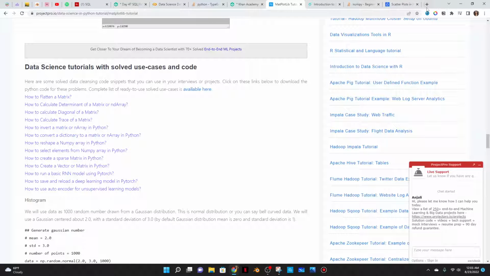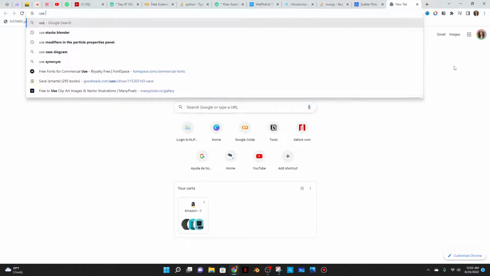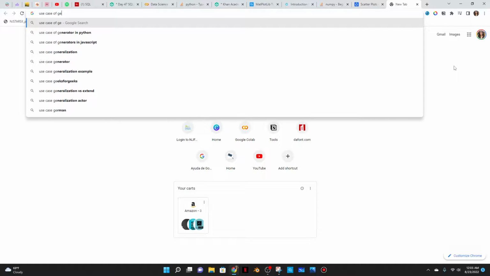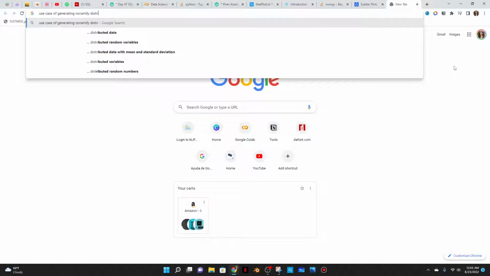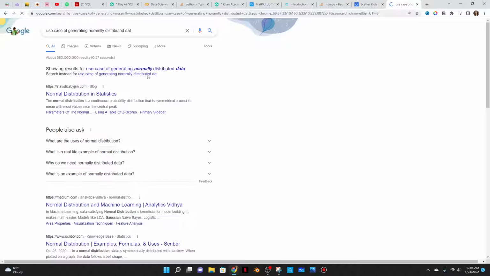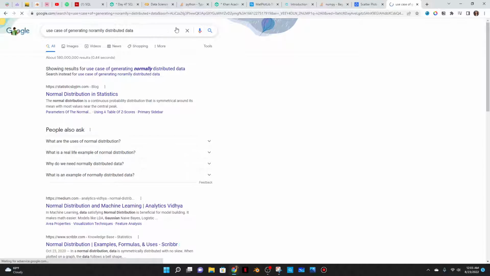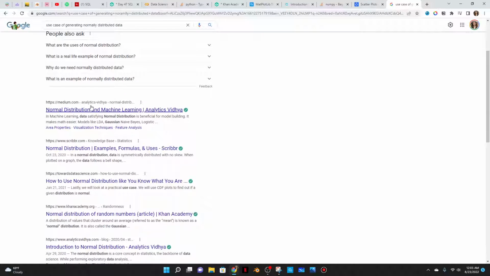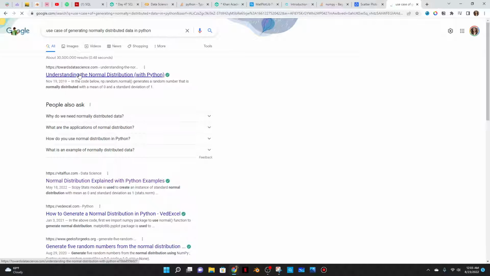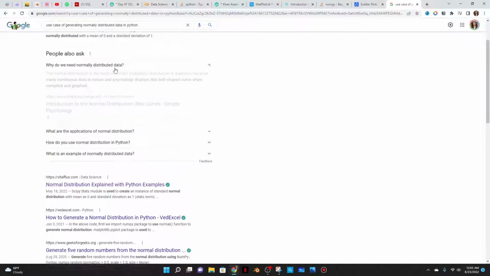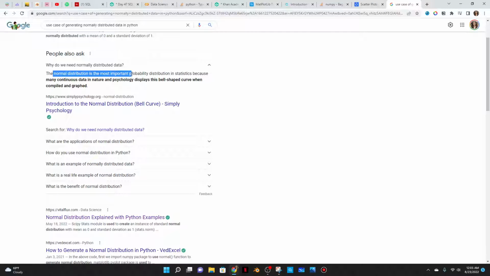Hold up. So, use case of generating normally distributed data in Python. Why do we need normally distributed data? The normal distribution is the most important probability distribution that exists because many continuous data in nature and psychology display this bell-shaped curve when compiled and graphed.